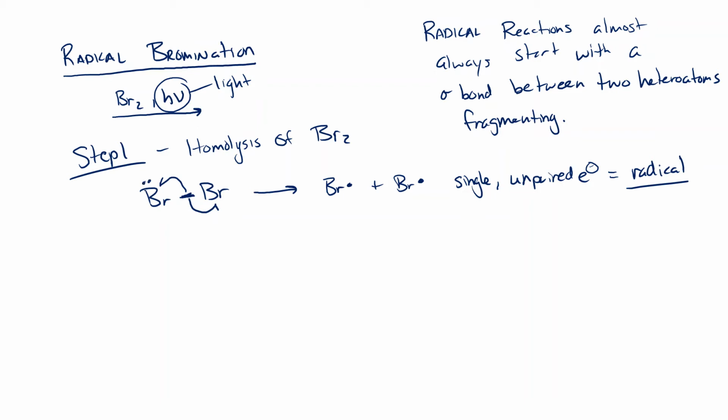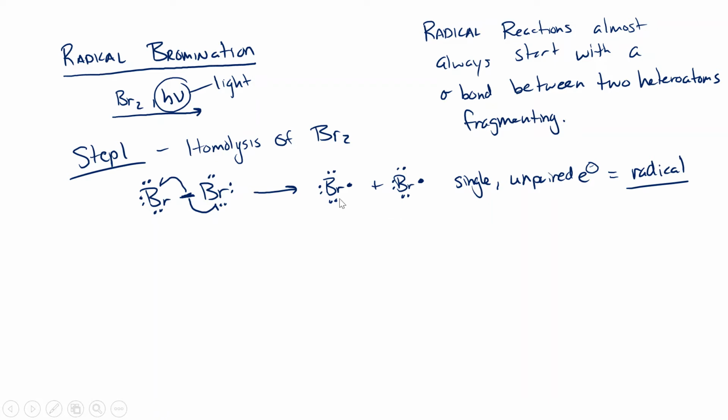Now notice these bromines have lone pairs as well. I just haven't drawn them in, right? Each bromine will have 3 lone pairs on it. So each bromine overall has 7 electrons. Since bromine is in group 7, that means that the formal charge of these bromine radicals is neutral. We're not creating a formal positive charge or a formal negative charge in these bromines.